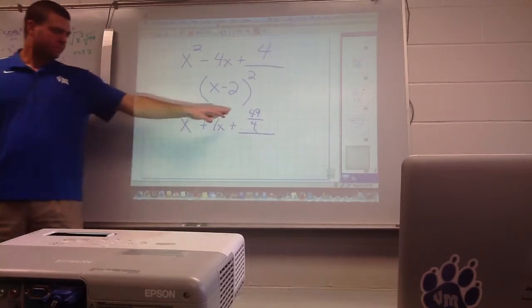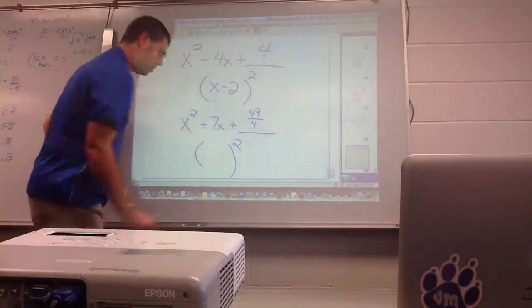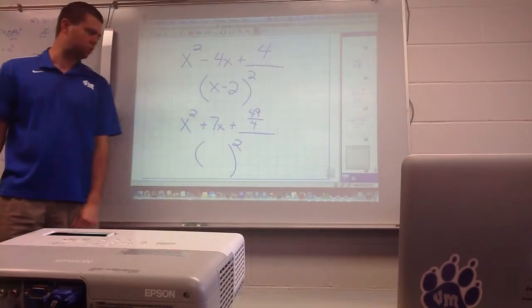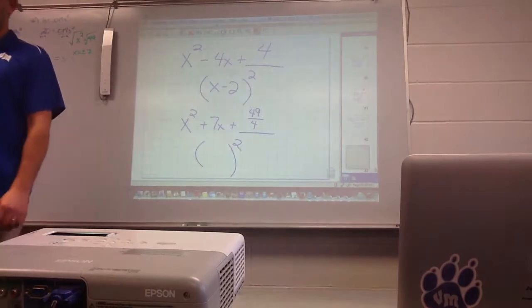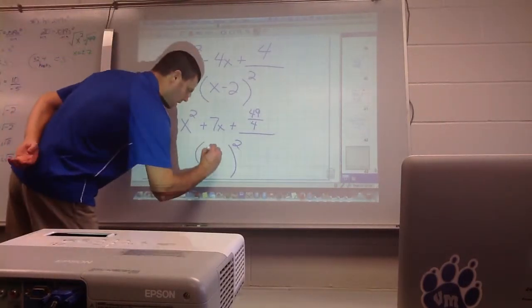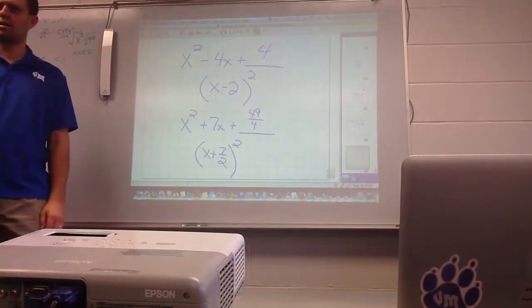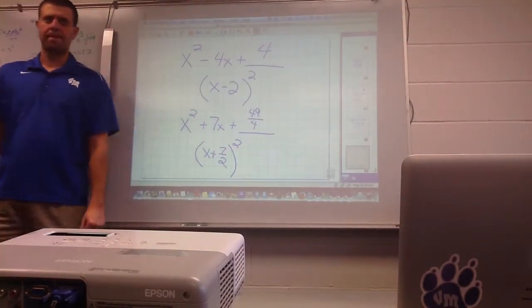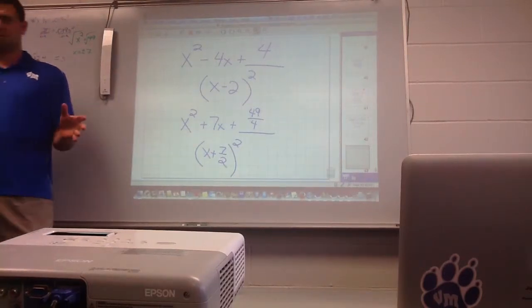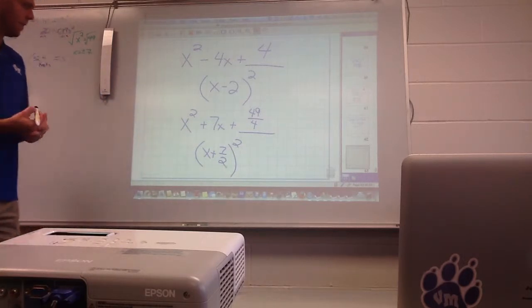Then the next tricky part is, so this would factor to what quantity squared? X plus 7 halves. Yep. X plus 7 halves. So far, so good? Okay.